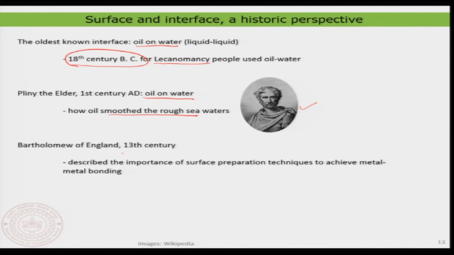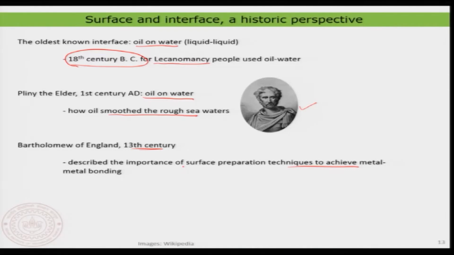Then in the 13th century, there is another important event I want to mention in the history of interfaces, because people were trying to alloy different types of materials or form metal bonding. It was very important for people to know the surface microscopic structure or surface roughness, the nature of the surface, in order to stick two metals together.